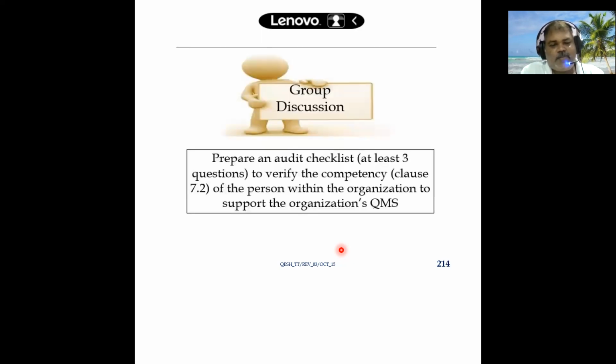Okay, so prepare an audit checklist with at least 3 questions to verify the competency clause 7.2 of the persons within the organization to support the organization's QMS. Right? You can discuss. So let's say competency. What are the clauses? You can look it up. Maybe we can point out.